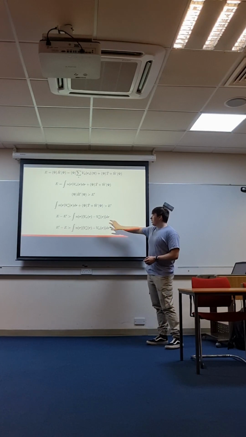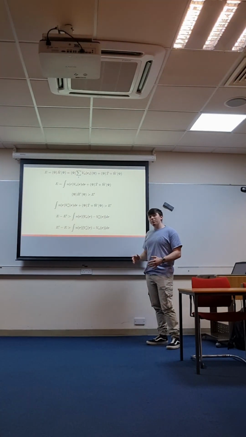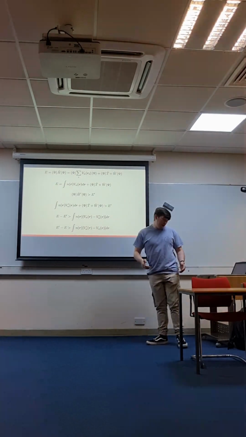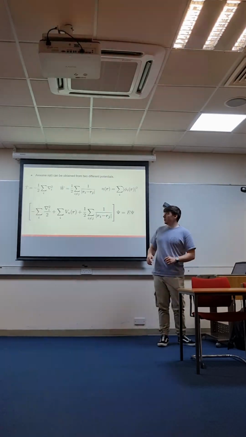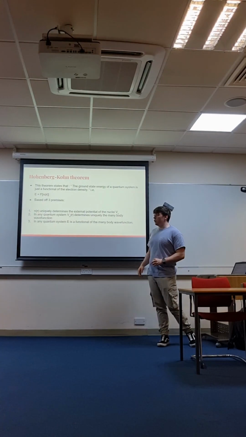Now, if these were true, we could add them together. But if we add them together, we prove that 0 is greater than 0, which is not true, and therefore we have disproved our original assumption, thus proving the first premise of the Hohenberg and Kohn theorem.